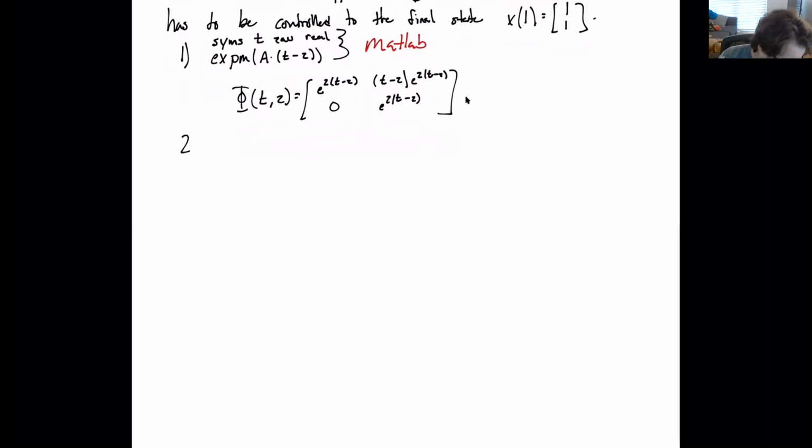All right, the next step is to compute W, our controllability gramian. We have 0 and 1, since those are the initial time and the final time. This will be equal to the integral from 0 to 1 of the state transition matrix times B, B transpose, times the state transition matrix transpose, d tau. Let me make sure I'm writing this down correctly here.